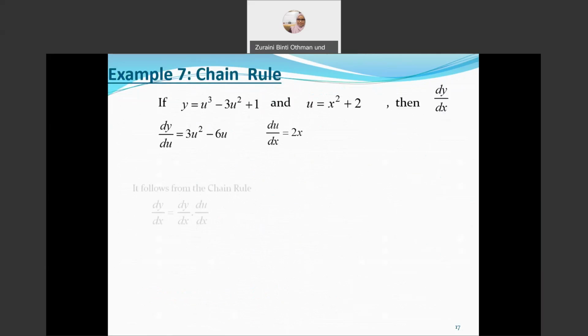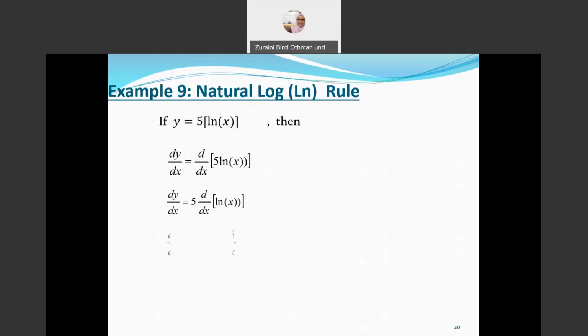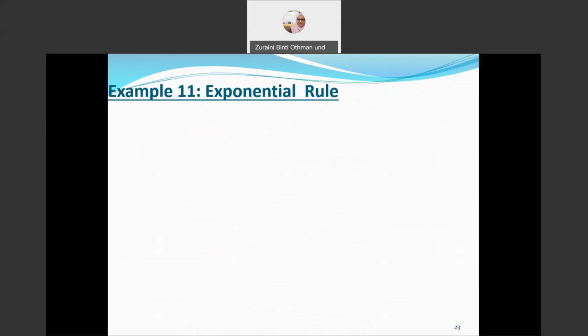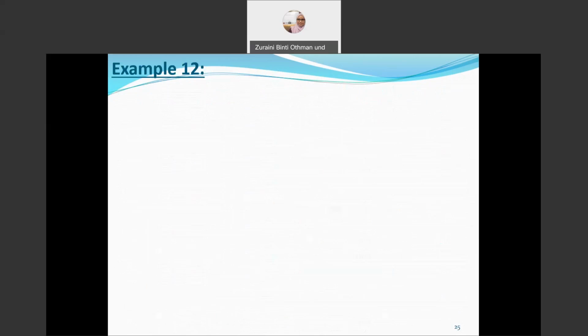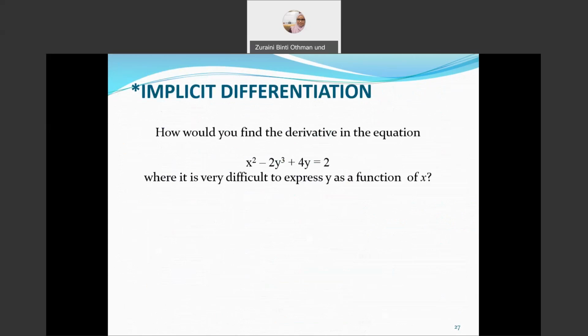Okay, so for implicit differentiation, this example we'll discuss together today. Implicit differentiation caters for equations that involve more than one unknown.